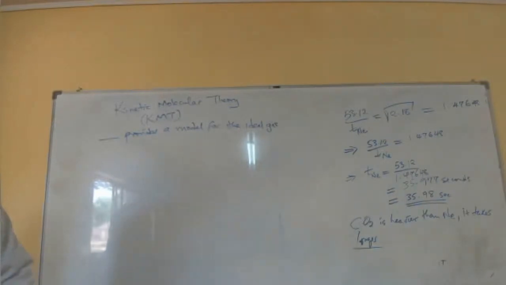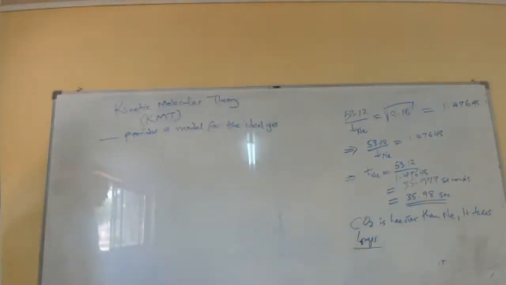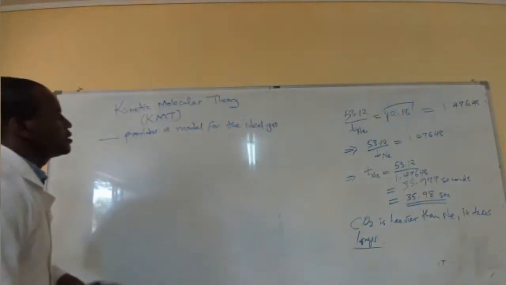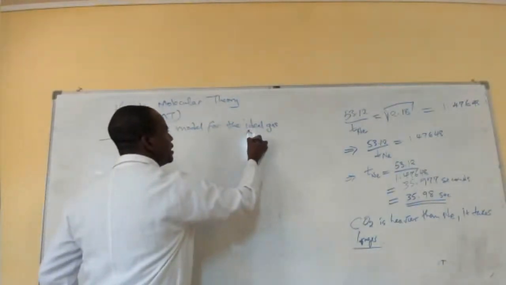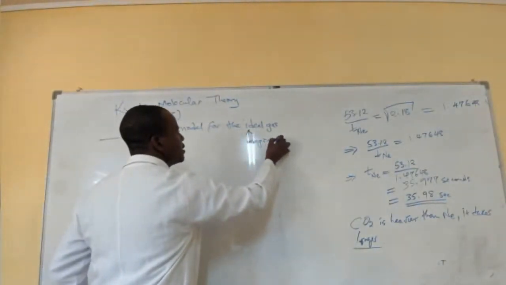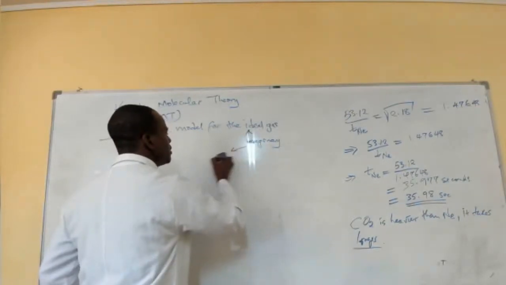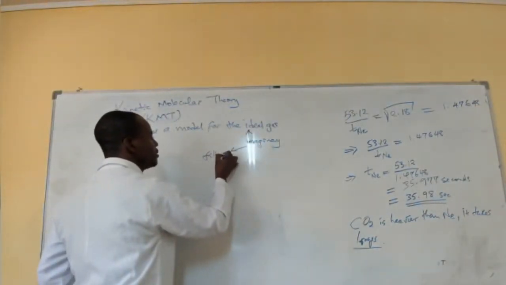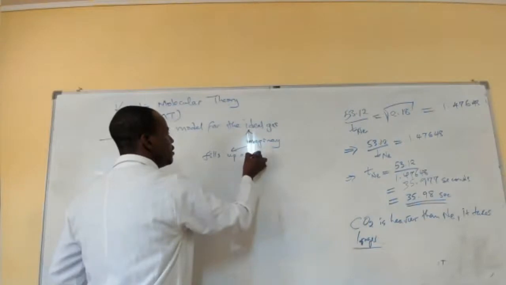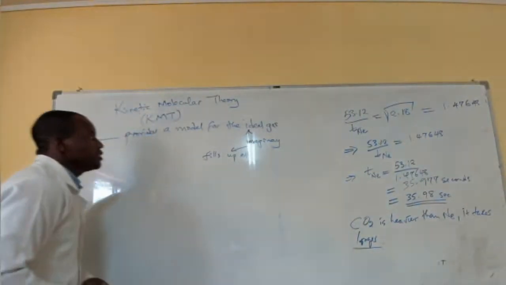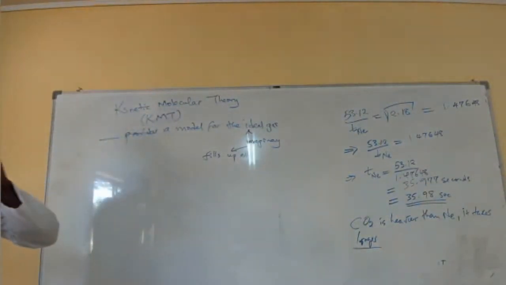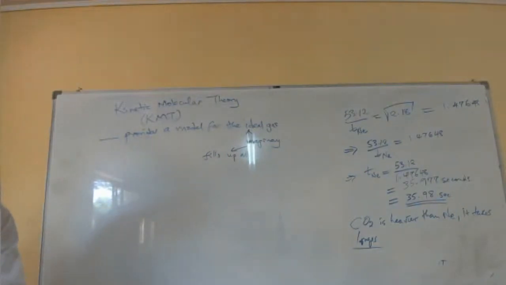An ideal gas is an imaginary gas that perfectly fulfills all the assumptions that are postulated under the kinetic molecular theory.